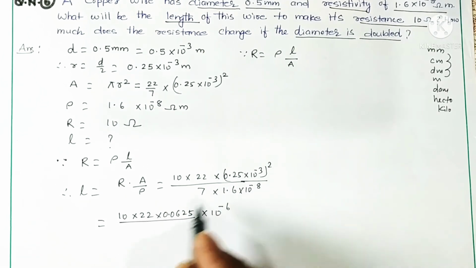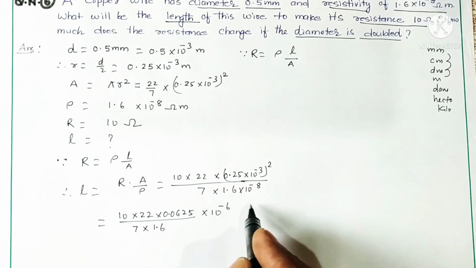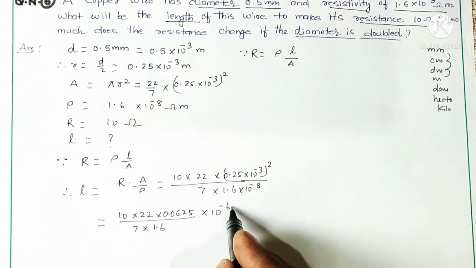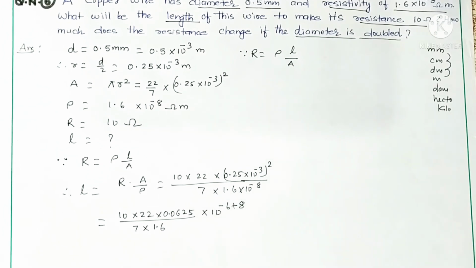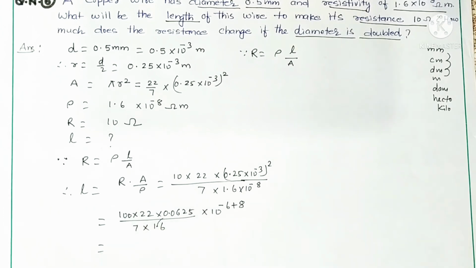Here 7 into 1.6, and you send this 10 to the power minus 8 to the numerator, so it will become positive. Now see, here is one decimal, so you can remove it. This decimal will go here, it will now become 100.